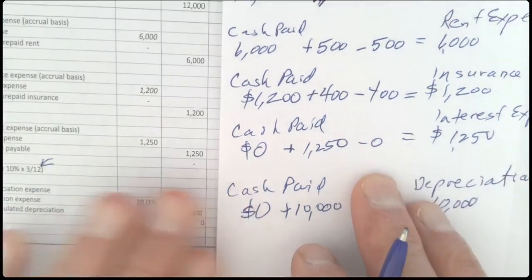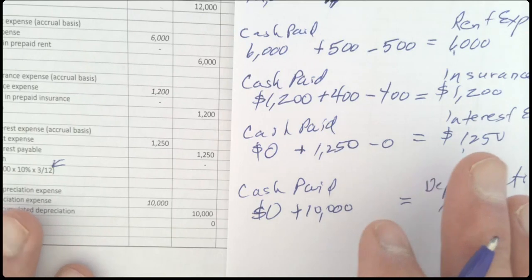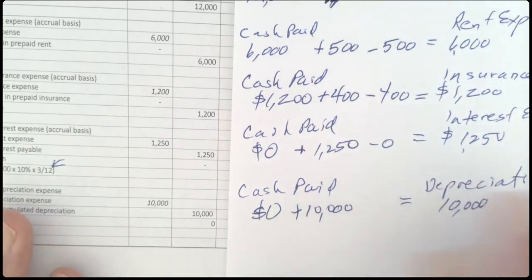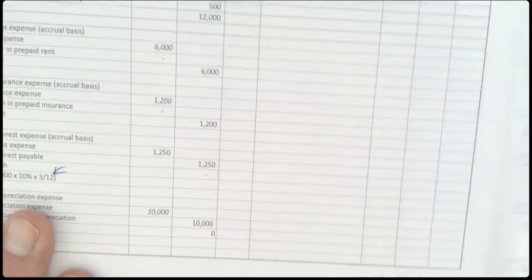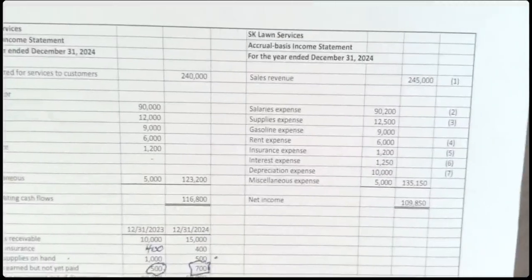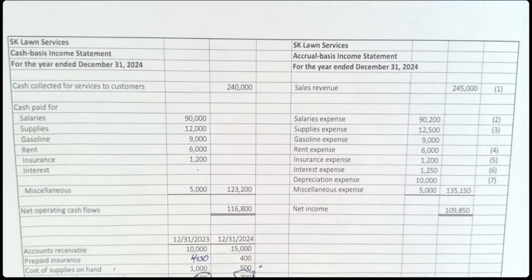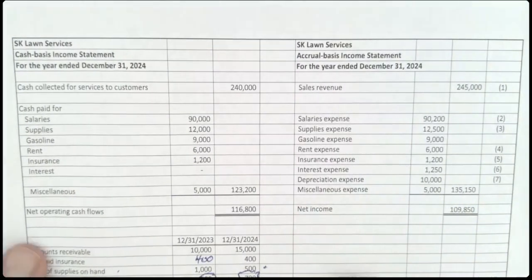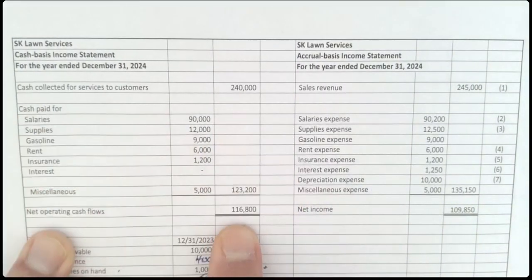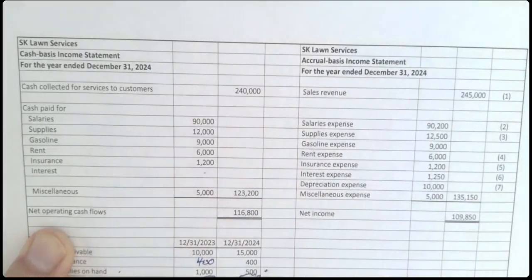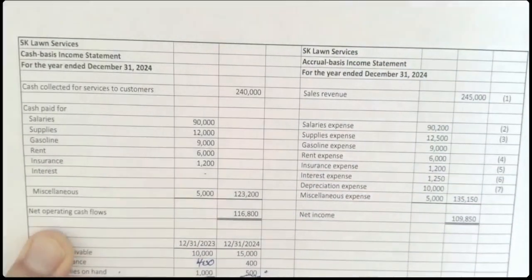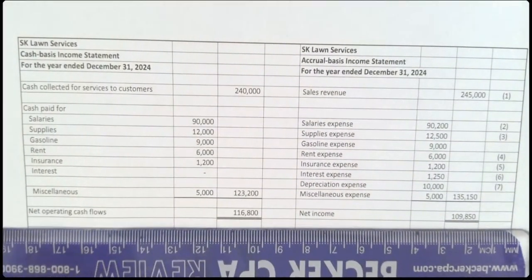Now, let's talk a little bit about what all this means. First, here are both of the statements for you. There's the cash basis income statement, and there's the accrual basis income statement.